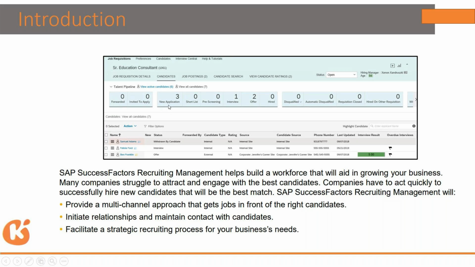Why is that? When an agency provides a resume against a particular job requisition, they fill in very minimal detail about the candidate, right? So that is the reason it comes into forwarded.